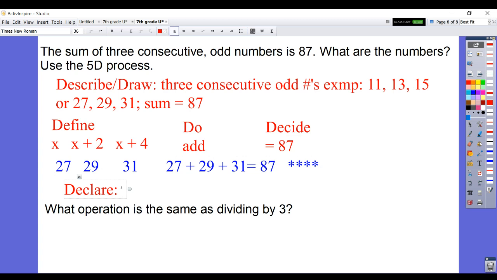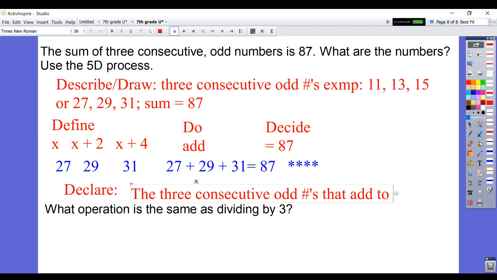So then the declare would be that the three consecutive odd numbers that add to 87 are, and then we would just list them: 27, 29, and 31.